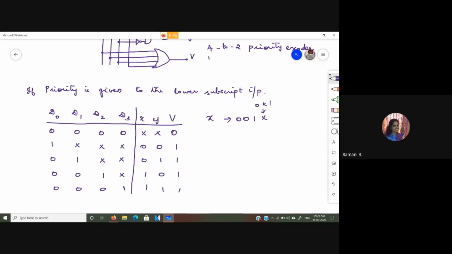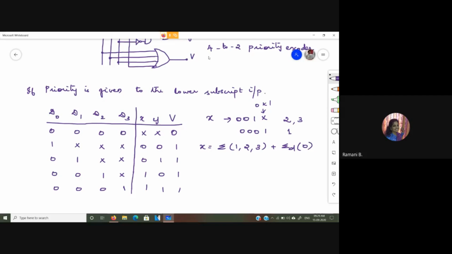That corresponds to 0, 0, 1, 0 is 2 and 0, 0, 1, 1 is 3. And similarly, you have 0, 0, 0, 1, which corresponds to 1. So X is equal to summation 1, 2 and 3 along with the don't care 0, right?